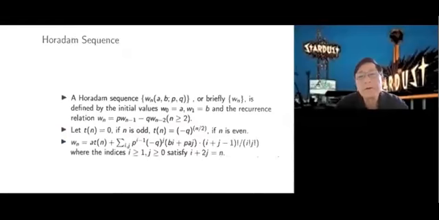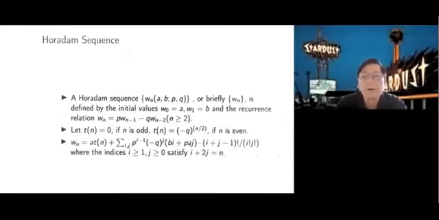A Horadam sequence has initial values a and b, and the entries satisfy the recursion relation W(n) equals p times W(n minus 1) minus q times W(n minus 2).